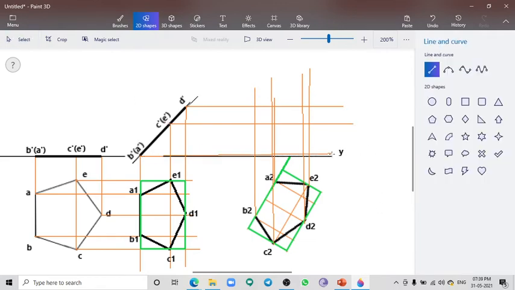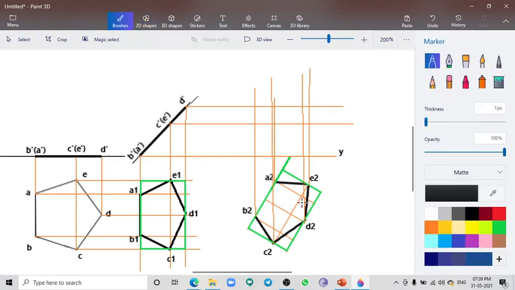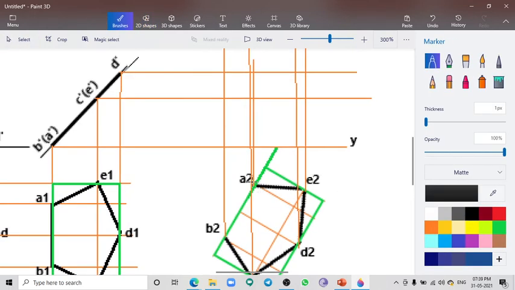So this line will overlap on our reference line. Okay, then identify the lines from similar points, starting from A. So A meets here, this will be your point A. B meets here, point B, point C, point D, and point E.